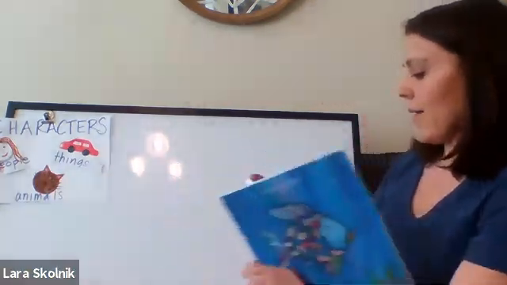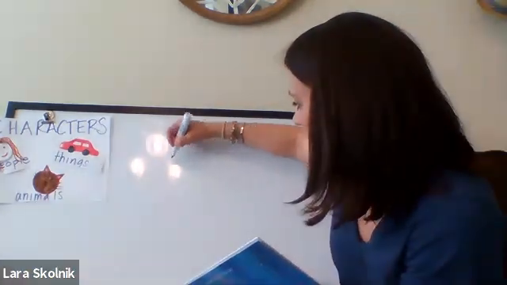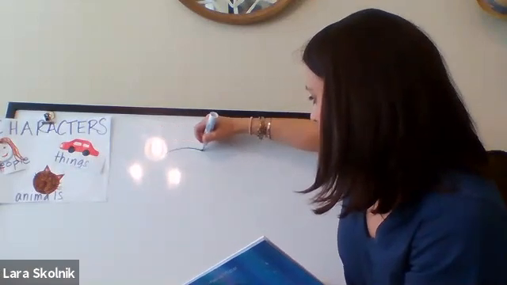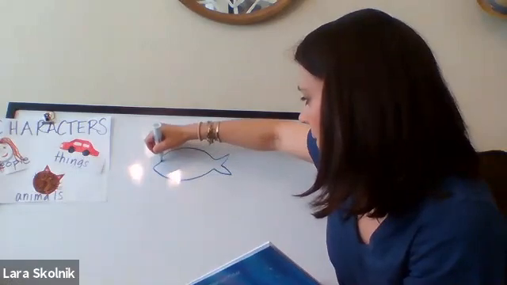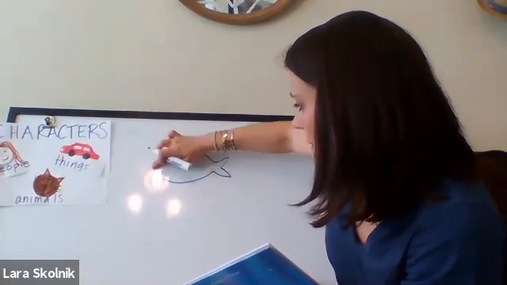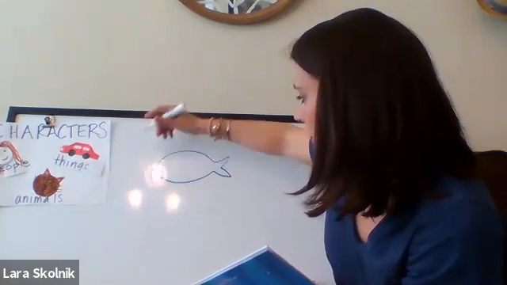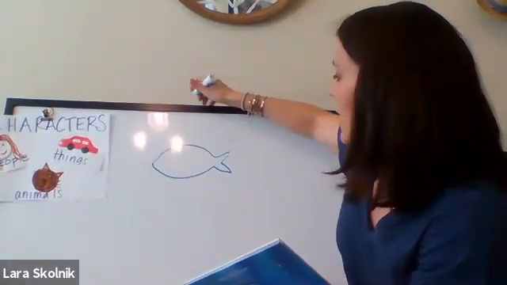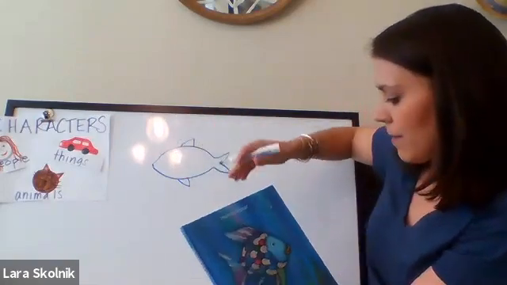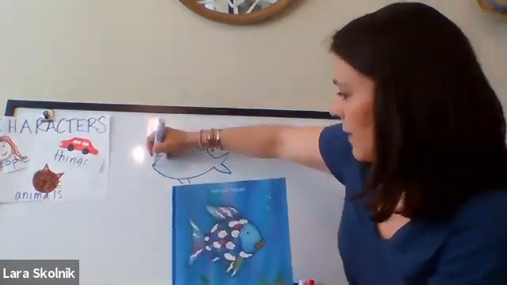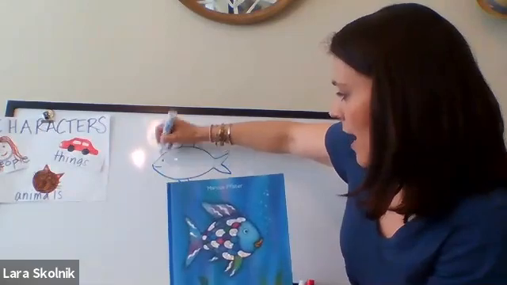So I know that a fish kind of has like a round body, a tail, good. And he has a fin on top and a fin on the bottom to help him swim. There he is with his eye and his mouth.